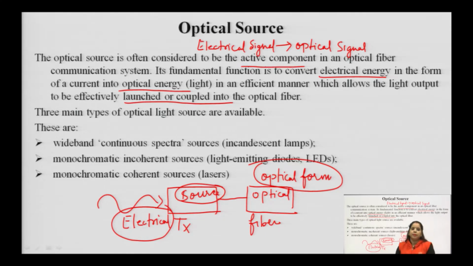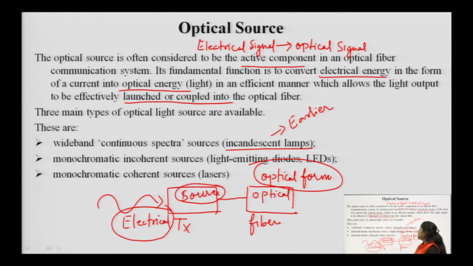In a broad way, there are mainly three types of optical source. First, wideband continuous spectral sources, that is the incandescent lamp, which was used earlier but has very little use nowadays.